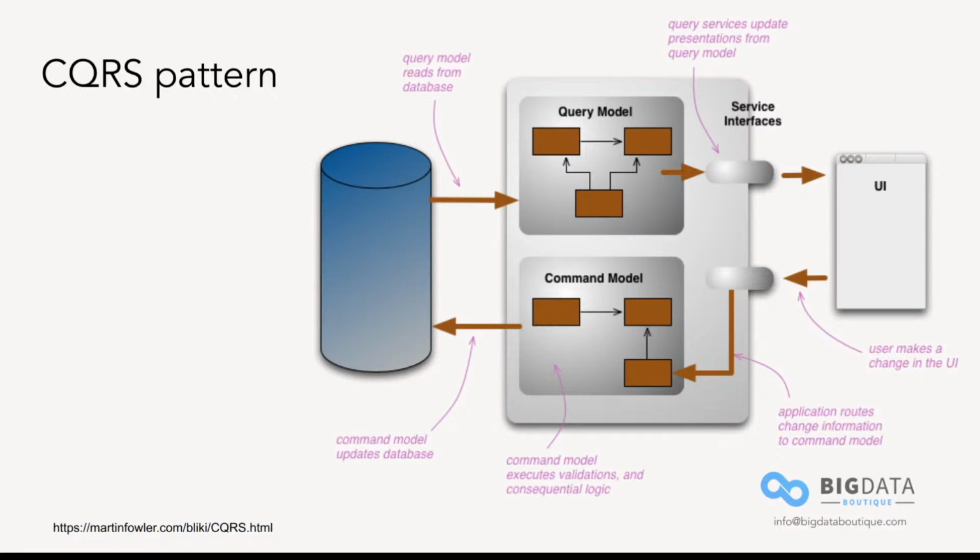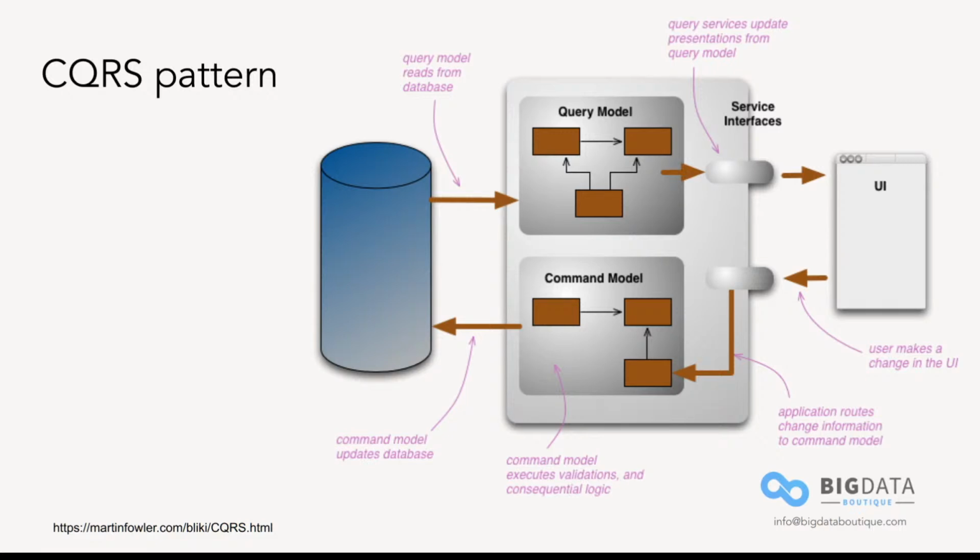So basically, what you are doing in the command model is pre-processing that information, generating those views in the database. So the query model doesn't have to do those aggregations or complex joins between tables in real time, because you have done that in the command model previously and you have stored the result in the database.